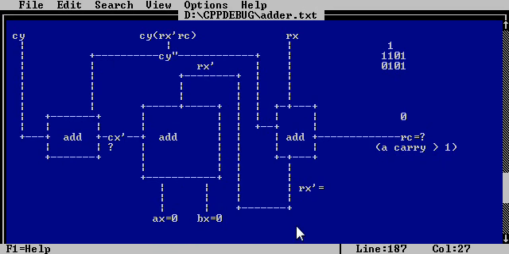Now, if this is 1, and my output is 1, there's no carry here. And I feed my 1 down and then into this adder, which adds a 0, and goes straight through and makes this equal to a 1. Now, since this is 0, there's no carry here, so this line gets nothing, and there's no carry from here, so both of these give nothing.